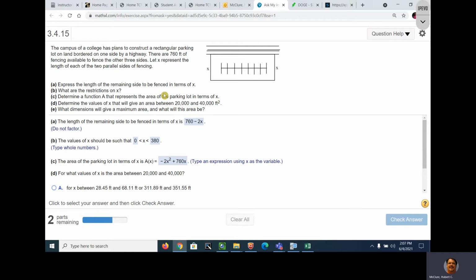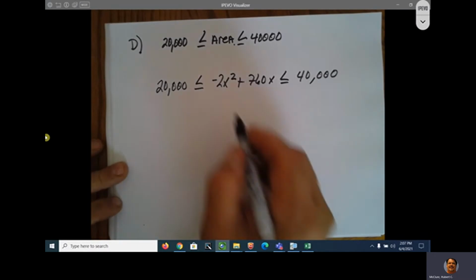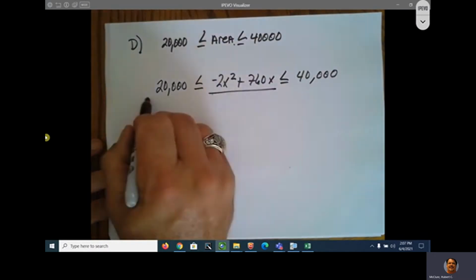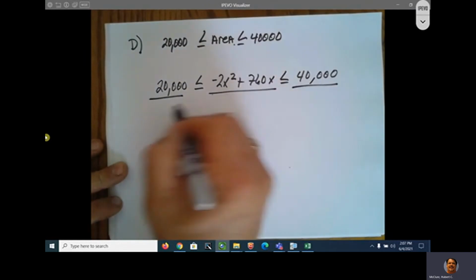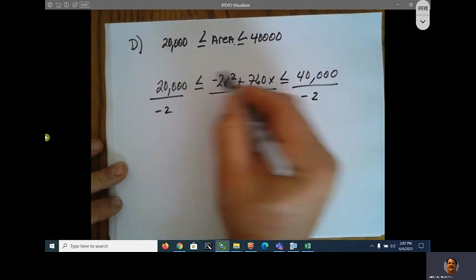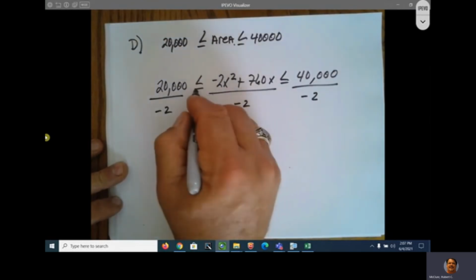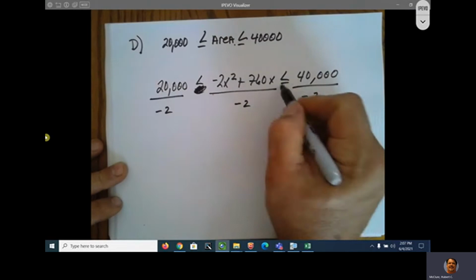Now I'm going to solve it for x, but everybody out there should know how to solve it because you've done it before, just smaller numbers. So the first thing I'm going to do is divide by negative 2 all the way across. And of course, when you divide by negative 2, that flips the inequalities.